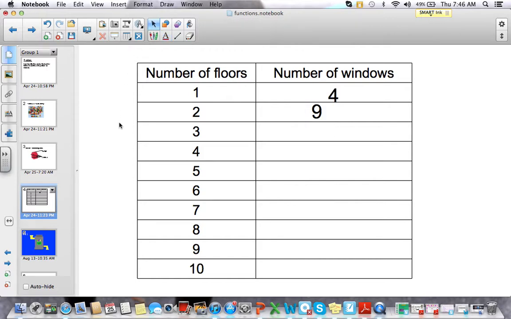What you're going to do now is you're going to pause the video and you're going to continue your table, filling in the number of windows for each floor. When you have all of it up to the 10th floor, then you can press play on the video again and we will continue.